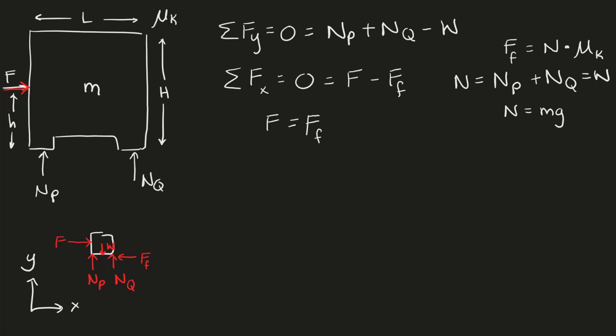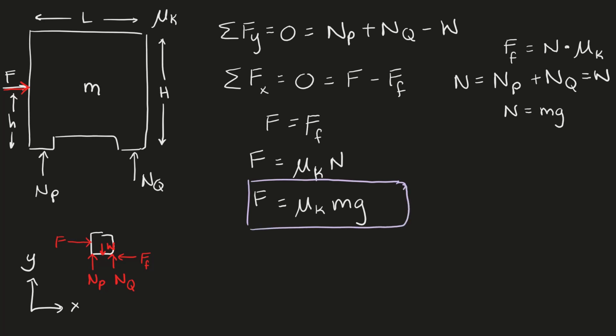So let's first rewrite: force equals mu K times the normal. So force equals mu K times mg. And there you have it. We found the force in terms of mu K and mg. And that, of course, will have some units not specified. Let's just say that they're newtons. All right, that's part A.